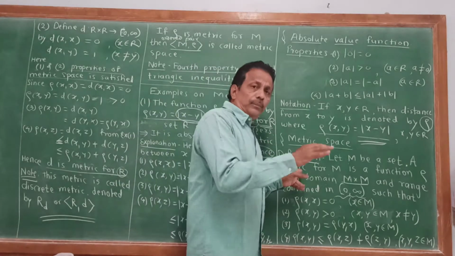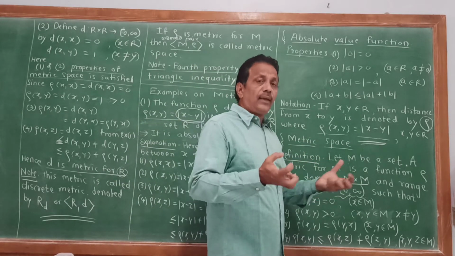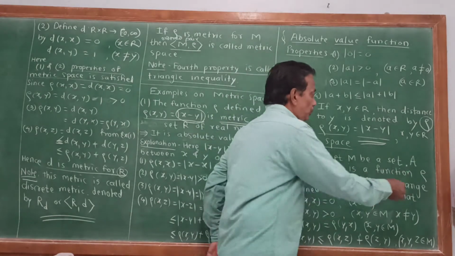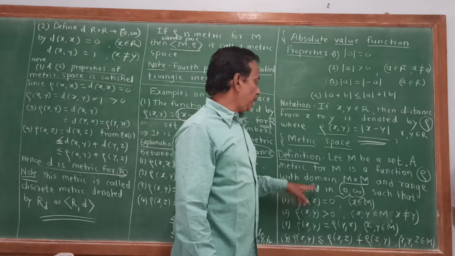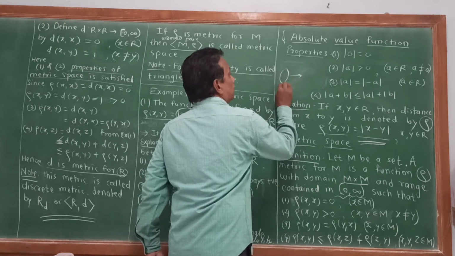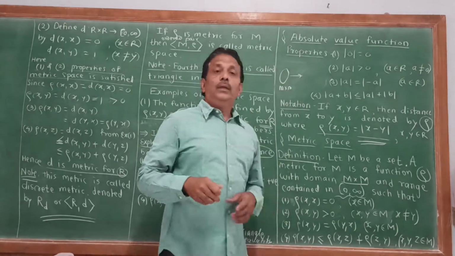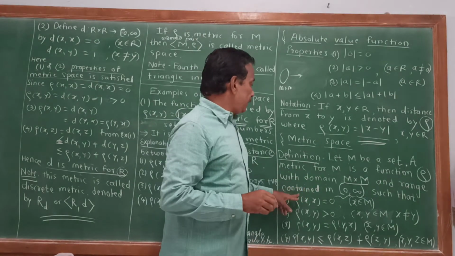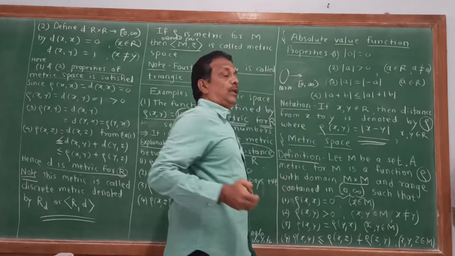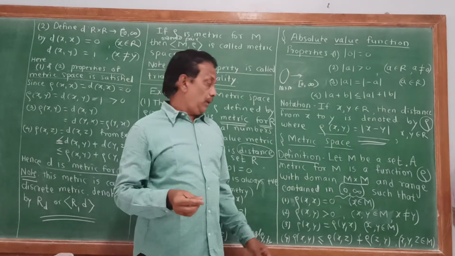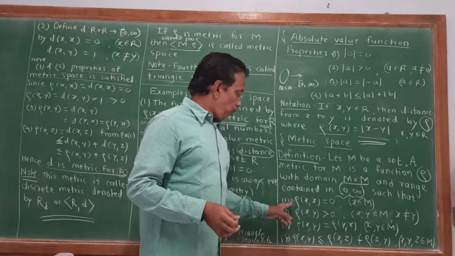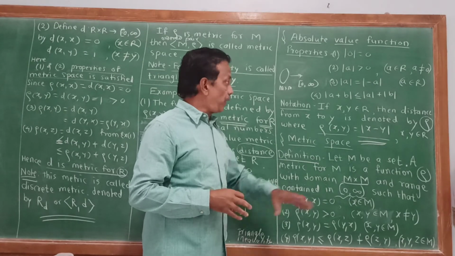A metric for M, we take elements from M. Therefore, a metric for M is a function rho with a domain M by M and a range contained in 0 to infinity, means positive, such that these four properties hold.